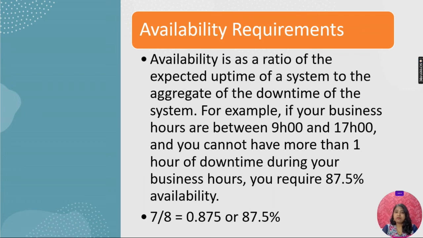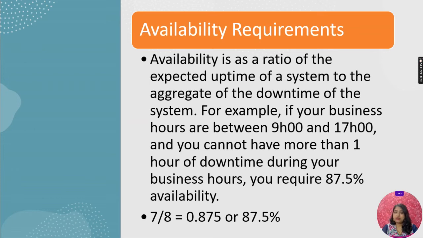Then comes the availability requirement. We should be able to calculate how much time the system is available, and we should be able to make the system available for most of the time. It is the ratio of the expected uptime of the system to the aggregated downtime of the system.